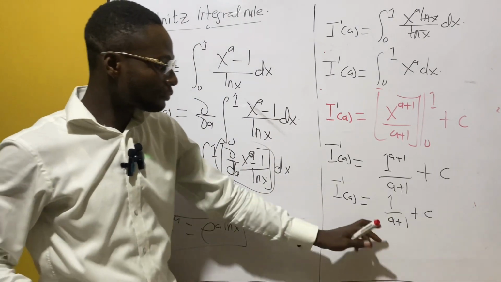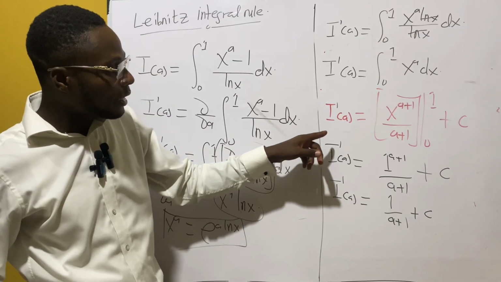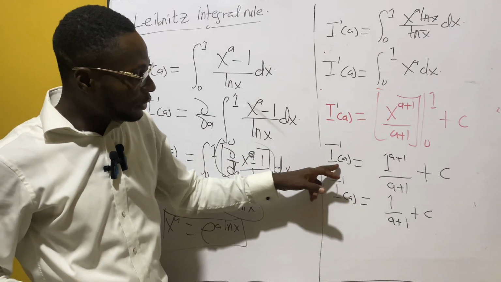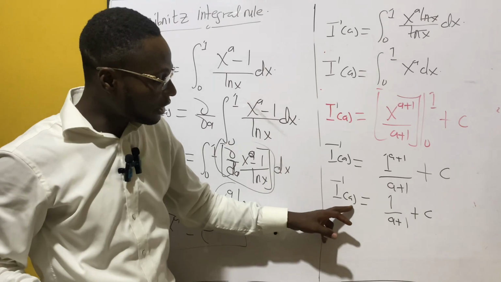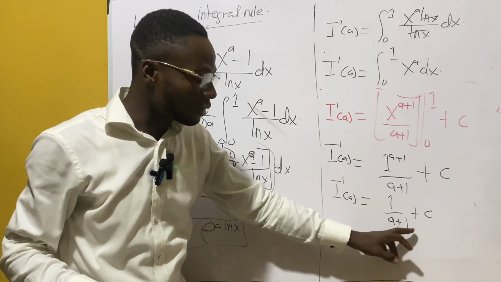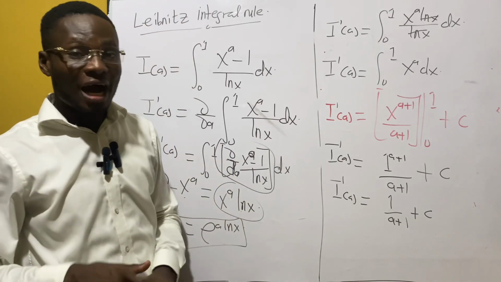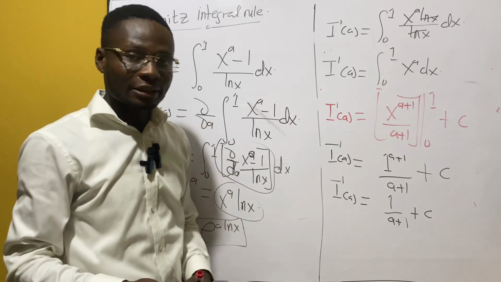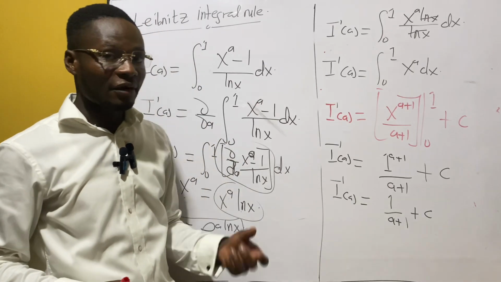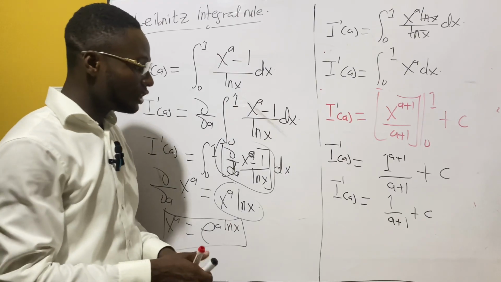Because we have I'(a) equals 1 over a + 1 plus c, we have to reintegrate so that we can have our I of a.